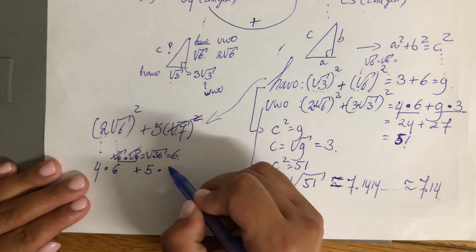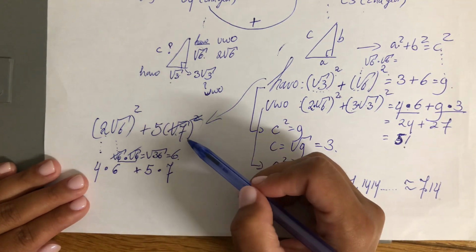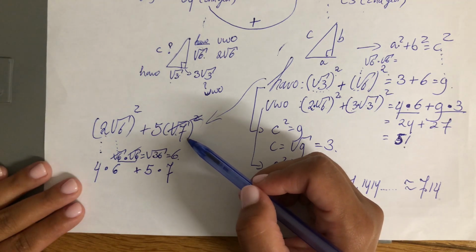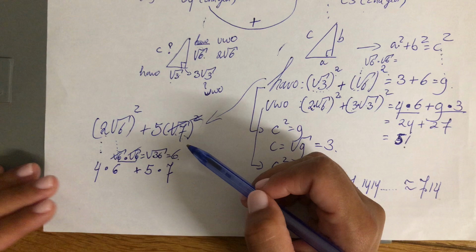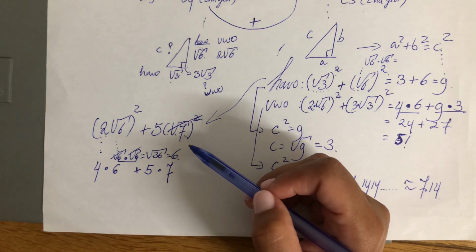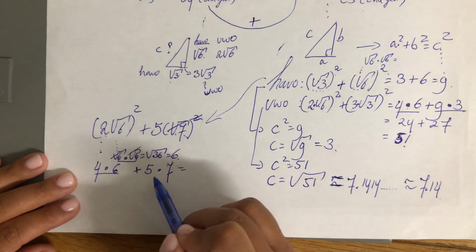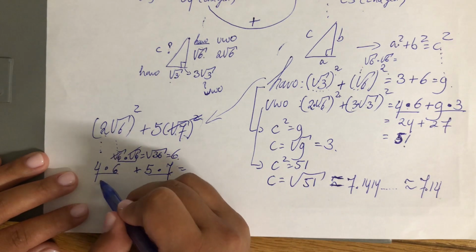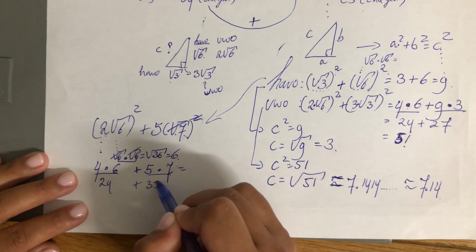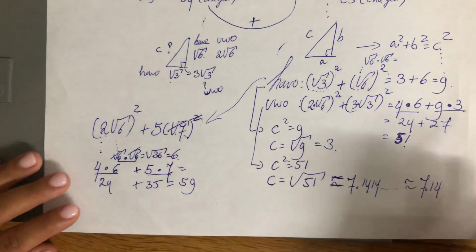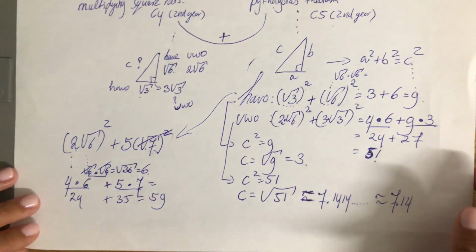Eventually it becomes 7. If you don't believe me, you can do it in intermediate steps: square root 7 times square root 7 makes square root of 49, which is indeed 7. And then, of course, you use your order of operations. You get 24 plus 35, which will give you 59.